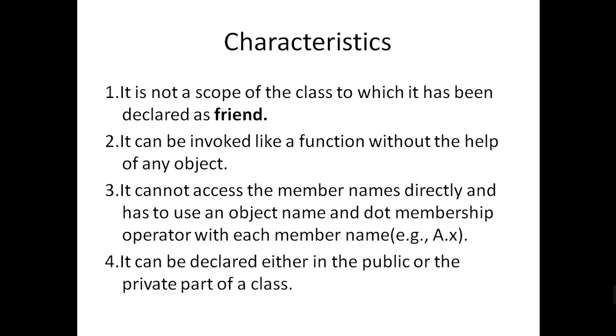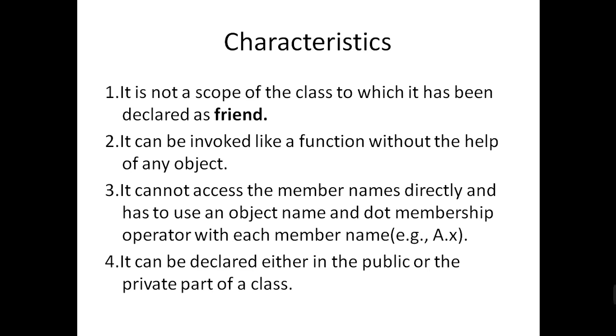The next one, it cannot access the member names directly, because the friend function can access the private and protected data of friend classes. That's why the friend function uses the membership operator with each member name.